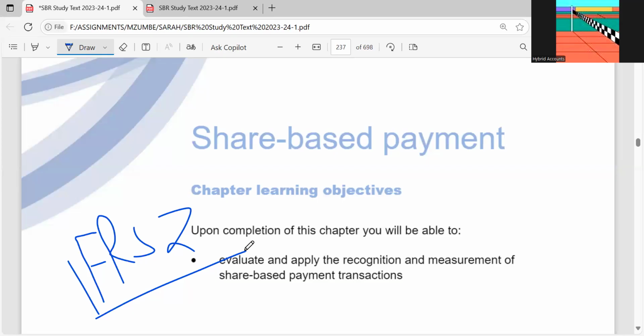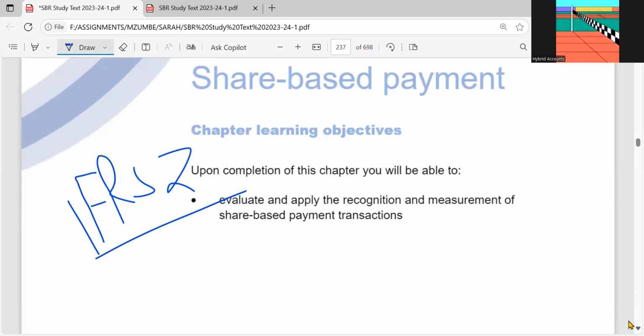So there was a need to accommodate this way of transacting in the books. Previously it wasn't recorded, but right now it is being recorded by following this standard. So this is all about IFRS 2.